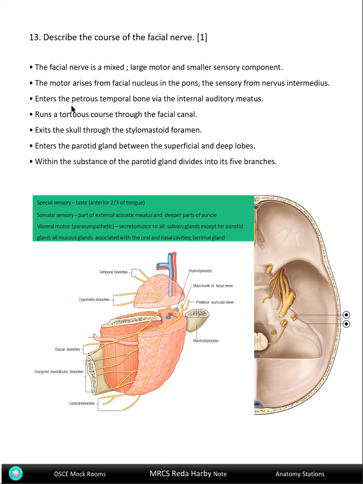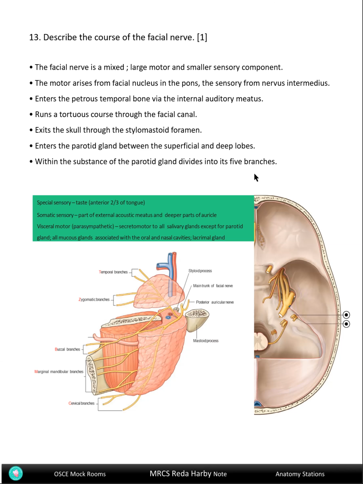Then the two roots as one nerve enter the petrous temporal bone via the internal auditory meatus, run through the facial canal, and exit the skull through the stylomastoid foramen. Stylomastoid foramen, between the styloid and the mastoid. Then it enters the parotid between the two lobes, superficial and deep.